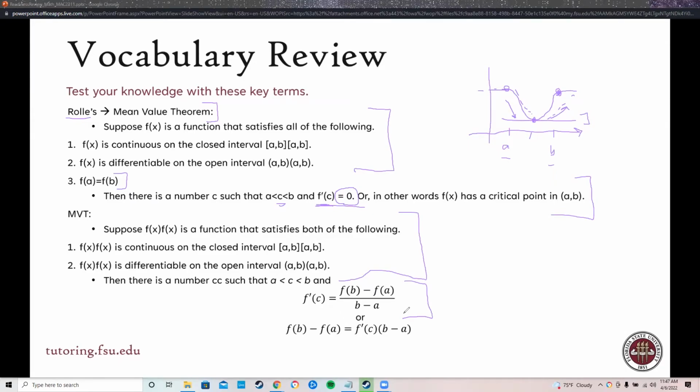So basically that's all the MVT is: if you have the same type of conditions, where it's continuous on the closed interval and differentiable on the open interval, then there exists some derivative that exists.